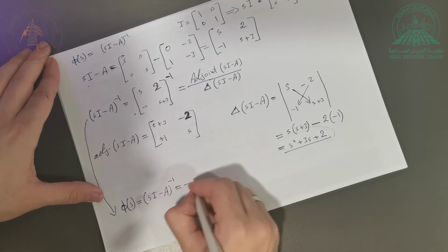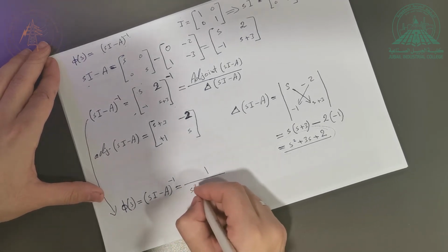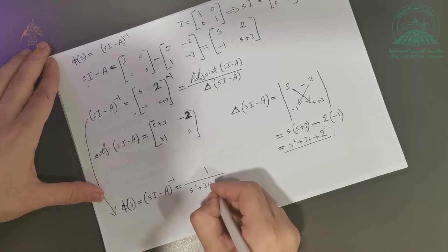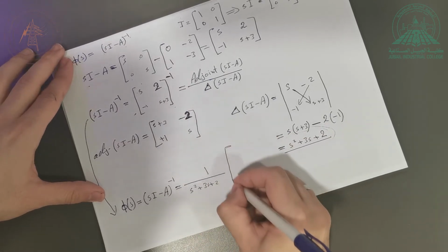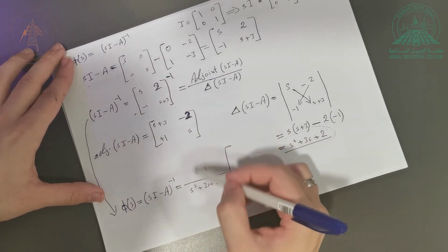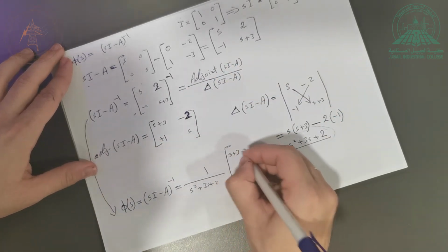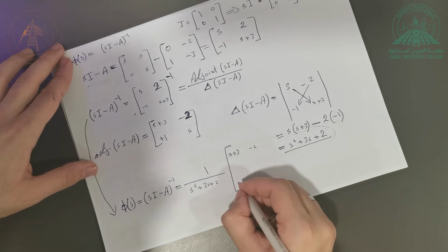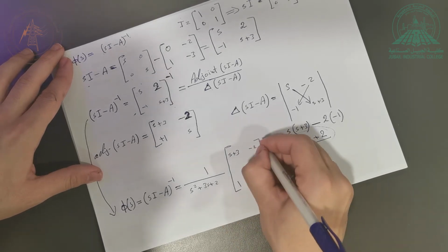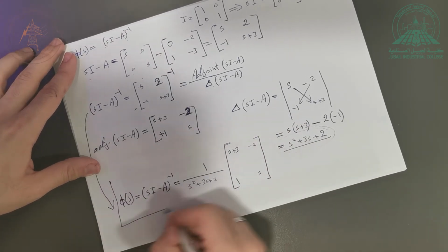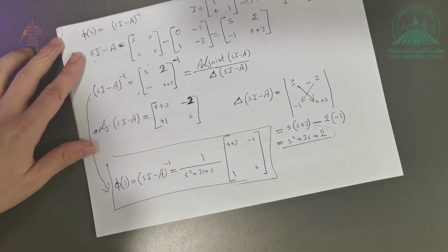So it's equal to 1 over s squared plus 3s plus 2, multiplied by the adjoint. And the adjoint is [s+3 -2; 1 s]. So this is our state transition matrix.